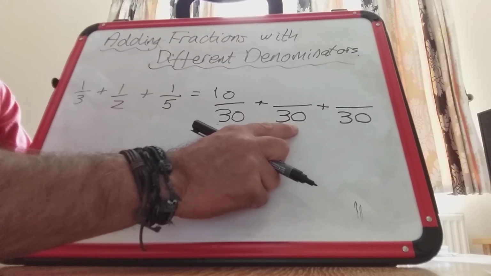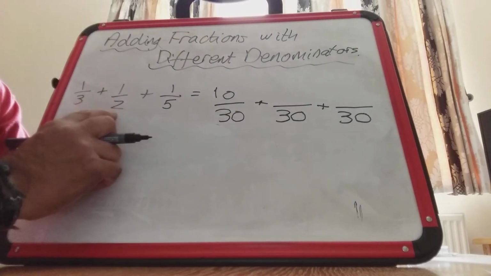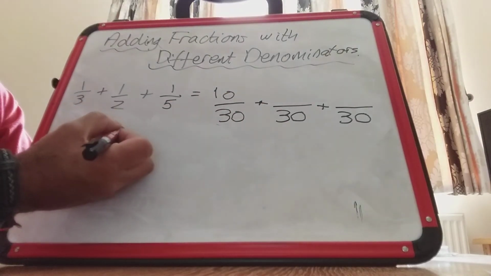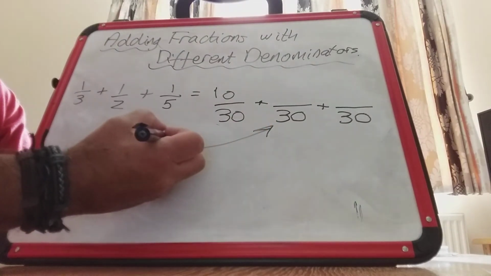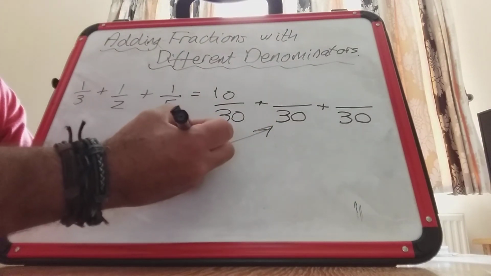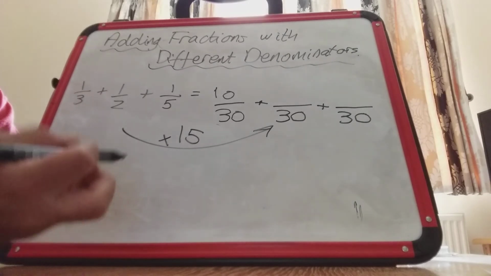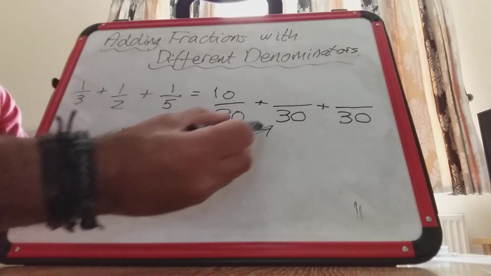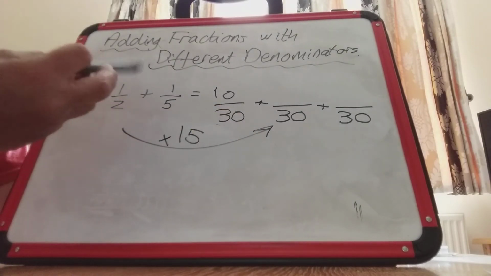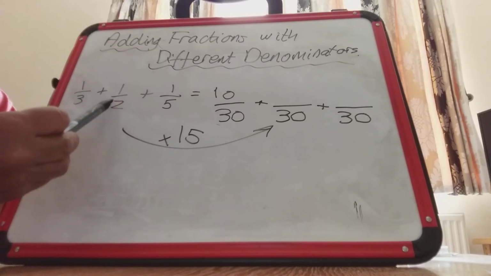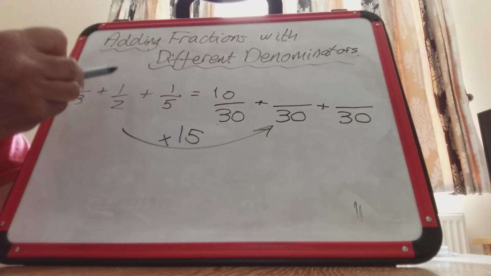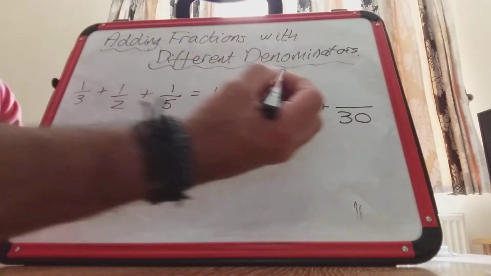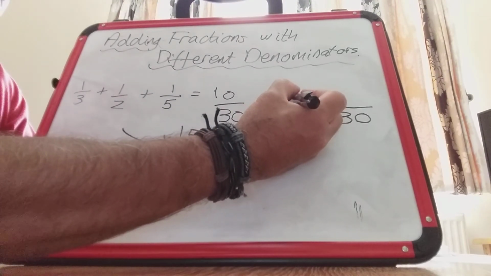Okay, so 2 times 15. So for this one we're multiplying by 15. Okay, and remember, whatever you do to the bottom part, you have to do to the top part as well. So if we multiply 2 by 15, we've got to multiply 1 by 15, and there the answer of course is 15.